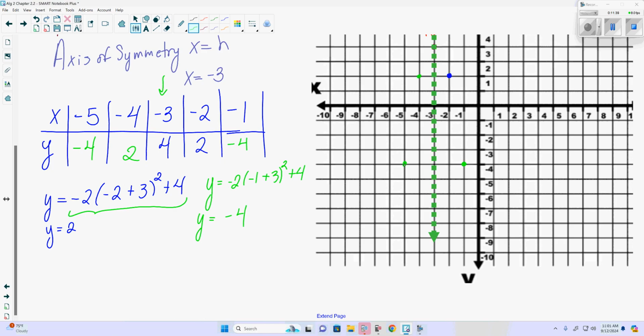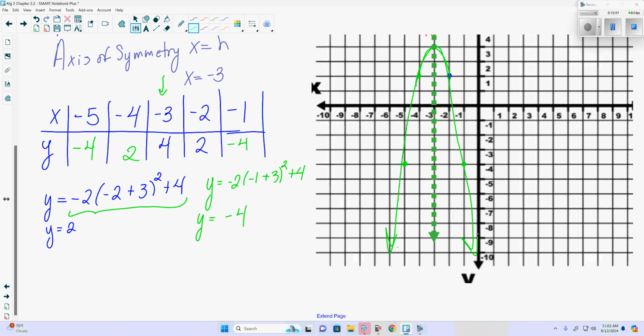And what that gives us is a graph of the parabola, because we need 5 points. We kind of get that there, yes?